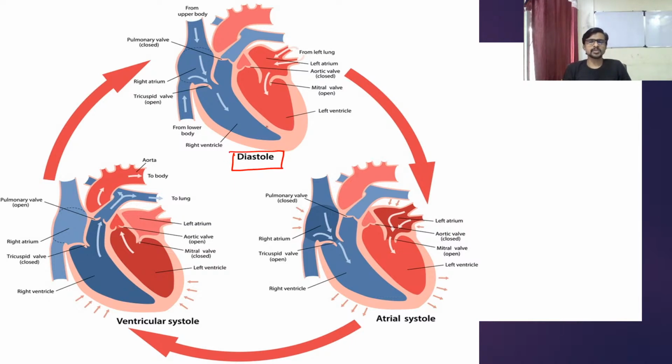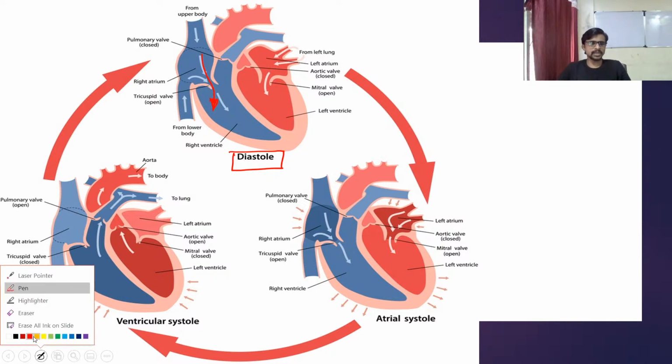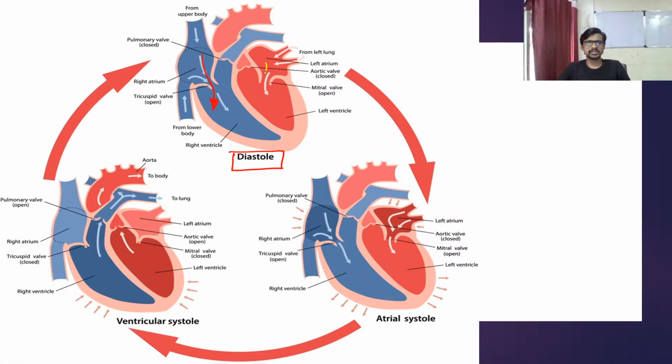At the time of joint diastole, or the relaxation of heart, you can see the complete heart is busy taking blood from the different parts. Okay, so this is taking blood from the right, sorry, it's the left side of the heart, so it is taking blood from the lung, and this part is taking blood from the body.